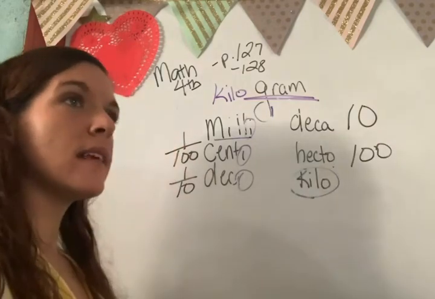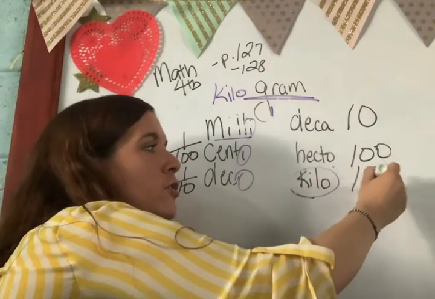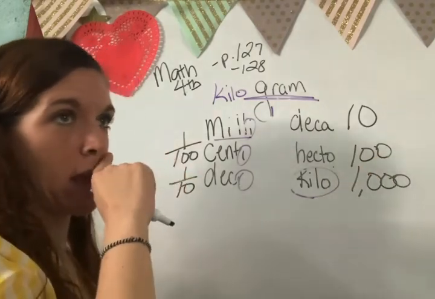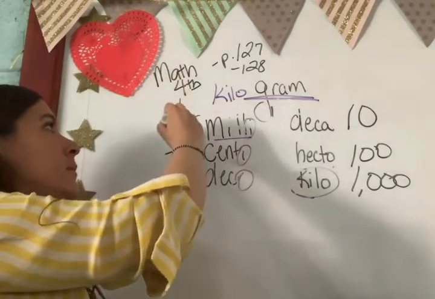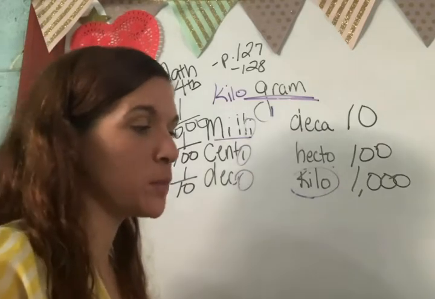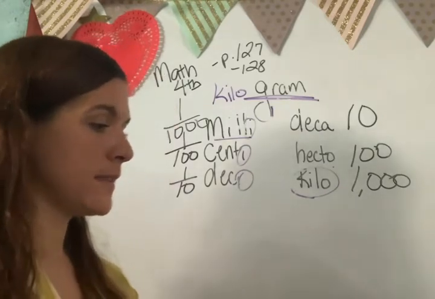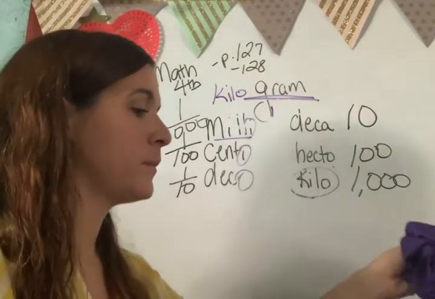Which one means 1,000? Kilo. So which one means 1/1000th? Milli. Which three are the super, super, super small ones? Centi, deci, and milli. Good job.